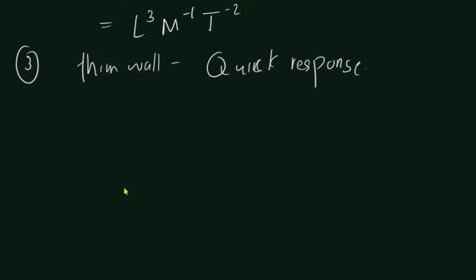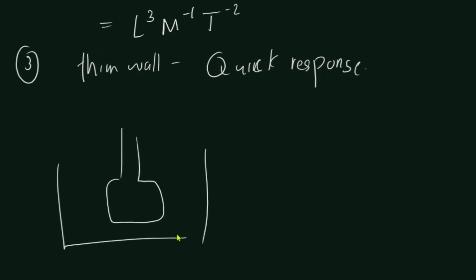If you consider the wall, if the wall is somewhat thin, then quickly heat can transfer into the mercury from the outer liquid, or the fluid or whatever it is that we need to find the temperature of.